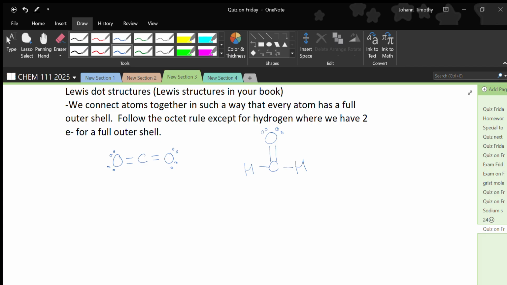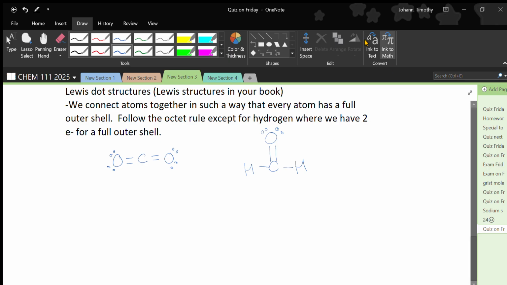This hydrogen, 1, 2. This hydrogen, 1, 2. This carbon, 1 through 8. Happy. 1 through 8 for that oxygen. That's a good Lewis dot structure. Questions so far? We got the 8. That's where we're headed.